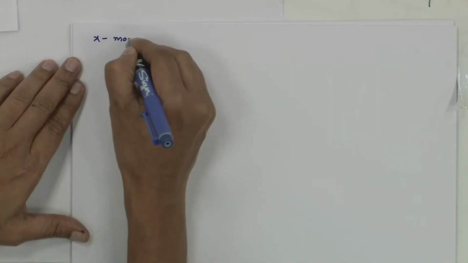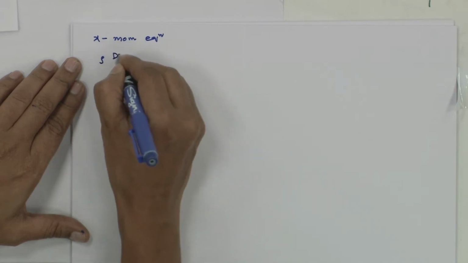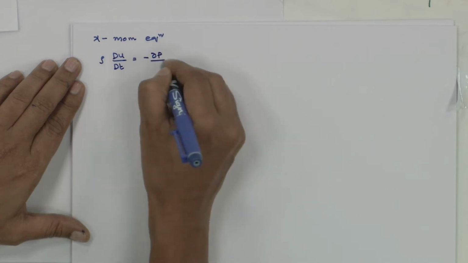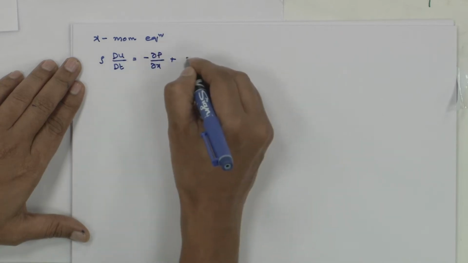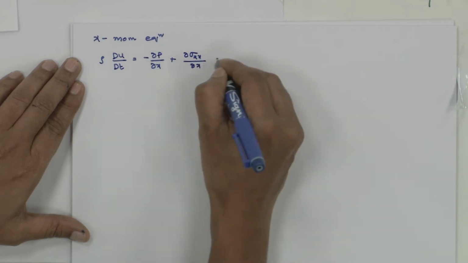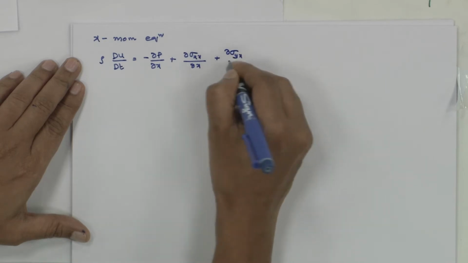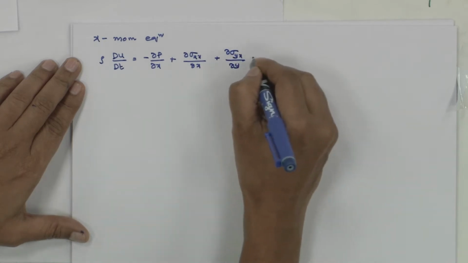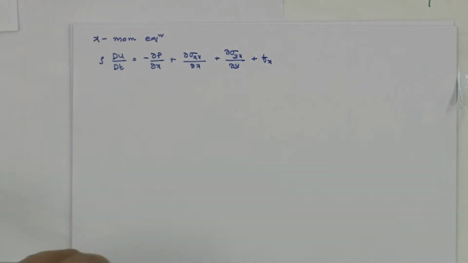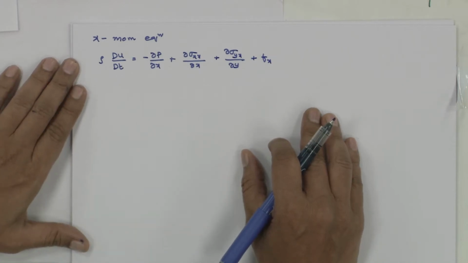I write the x momentum equation: rho du by dt is equal to minus del p by del x plus del sigma xx by del x plus del sigma yx by del y plus fx. I am taking the momentum equation written in the Cauchy form, Cauchy's equation, because that helps me.